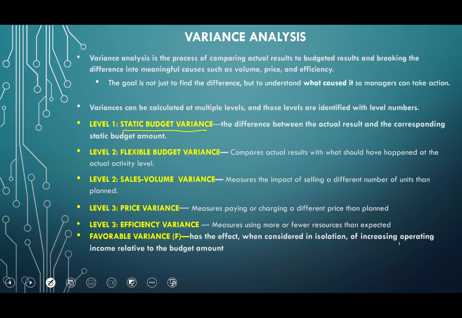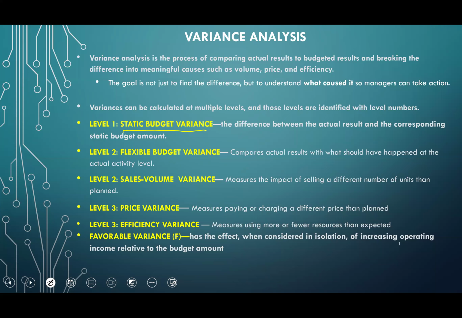An important thing I want to put on this slide is that we not only calculate the amount of variance, we figure out whether the variance is favorable or unfavorable. Please do not make the mistake of saying that when you subtract one number from another, a positive answer is favorable.